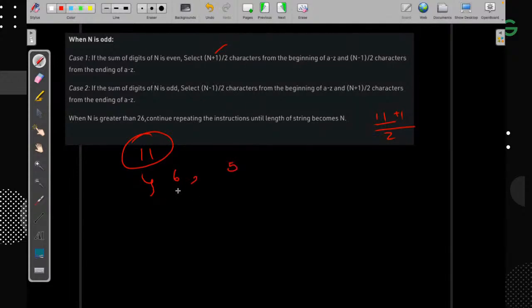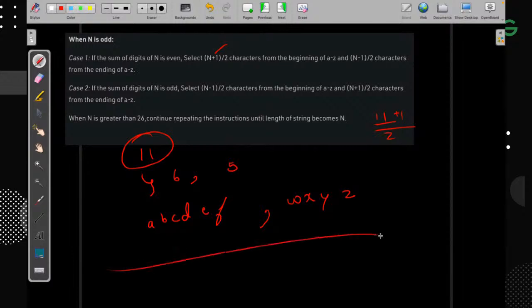Okay, so basically first six characters, so A, B, C, D, E, and then F, and the last X, Y, Z. Okay, fair enough.